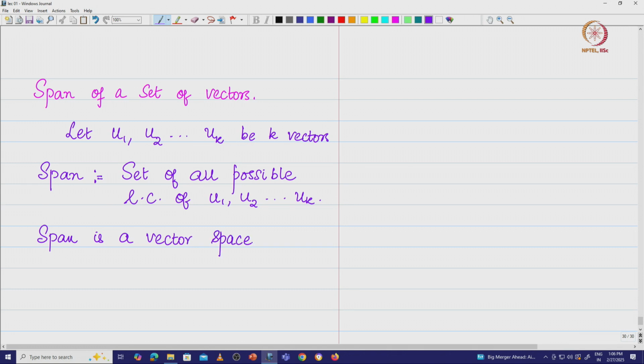Right. Now, I want to look at the span of a set of linearly independent vectors. So, let us look at something very specific: the span of a set of linearly independent vectors.